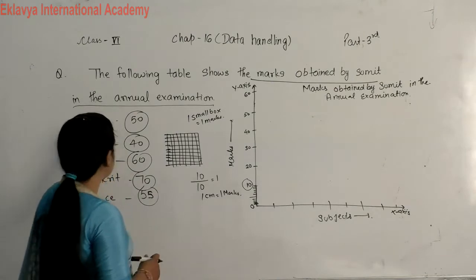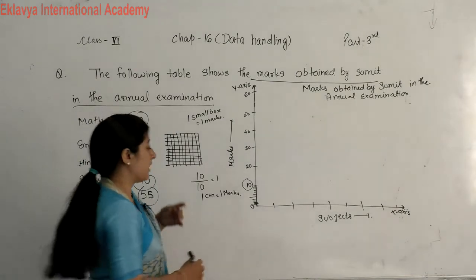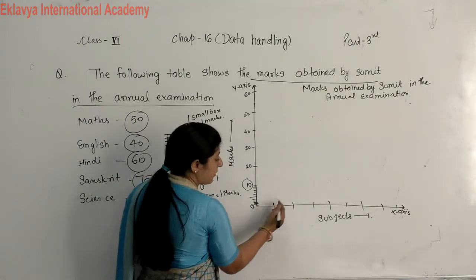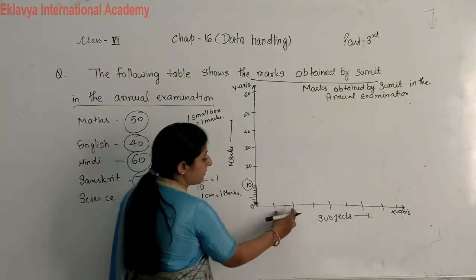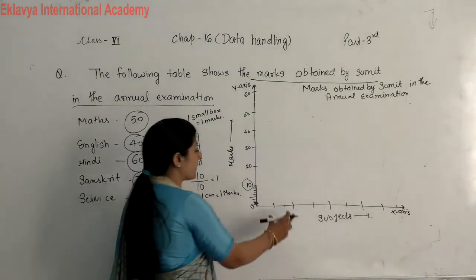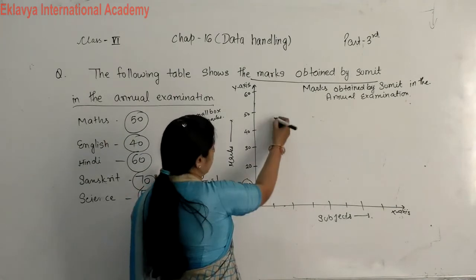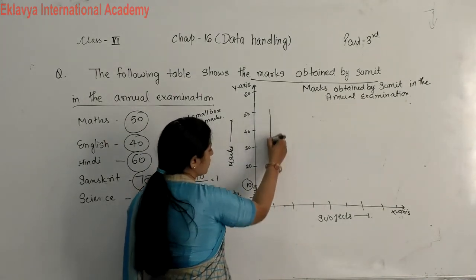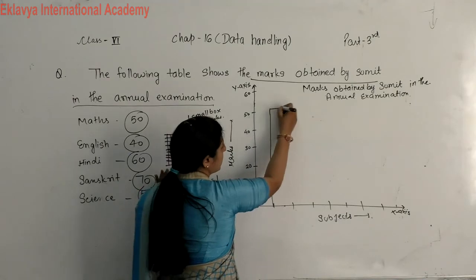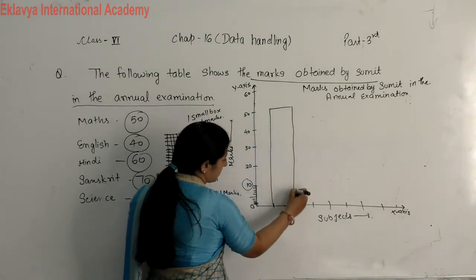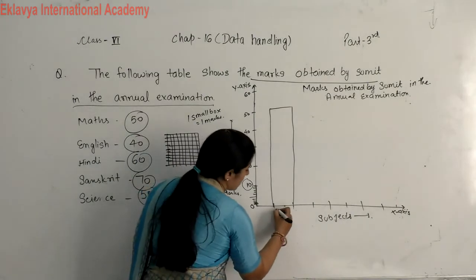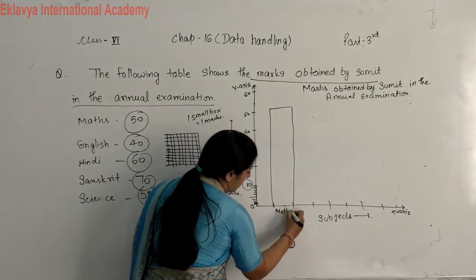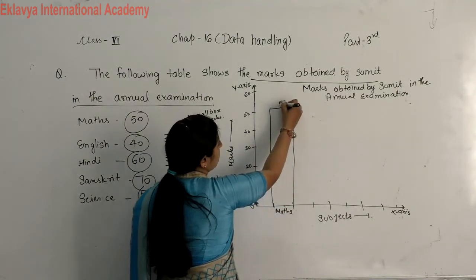I want to represent math, so I take this one gap, one box, up to here, or you can take one complete block, for math 50. I show the rectangular bar like this. This is math, and the marks are 50.